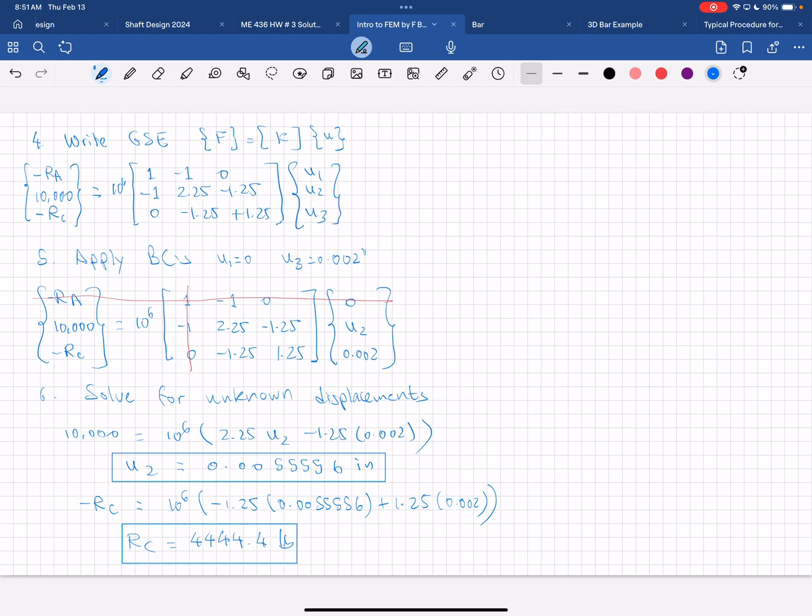So I would add here that we're solving for unknown displacements and forces.